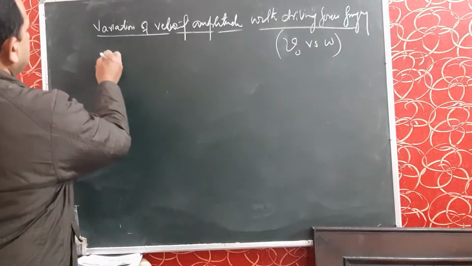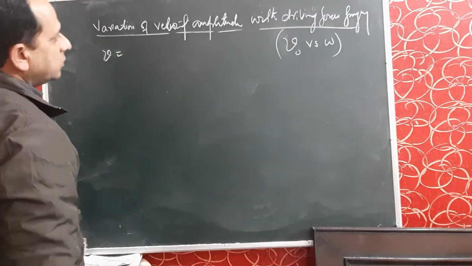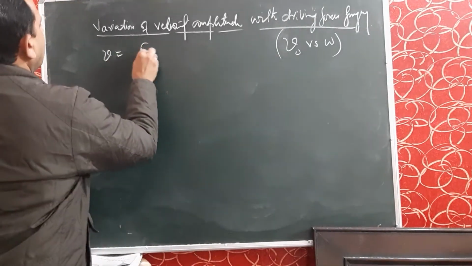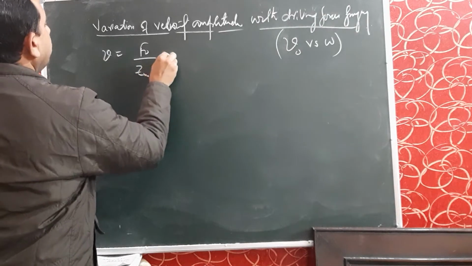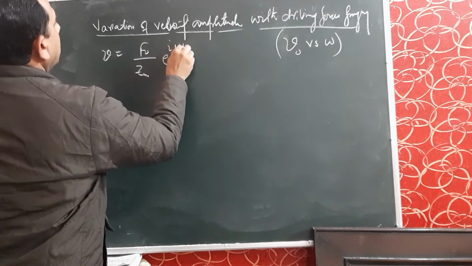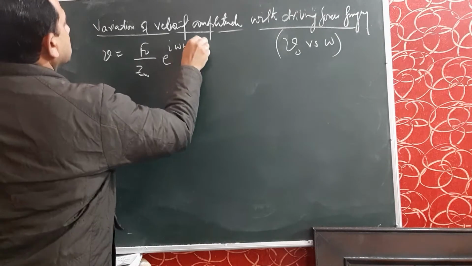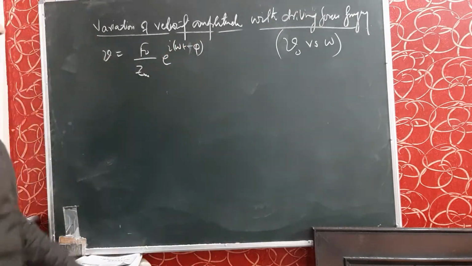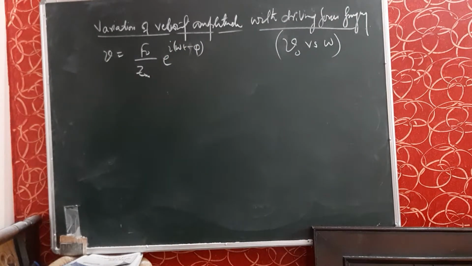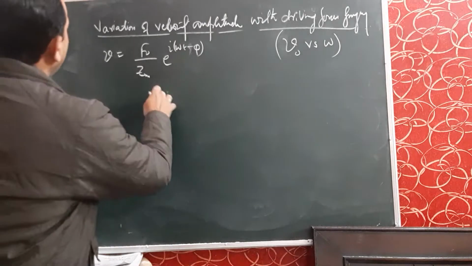We know that the expression for velocity is F naught upon Zm e power iota omega t minus phi. This is the formula for velocity, and we will consider its real part.